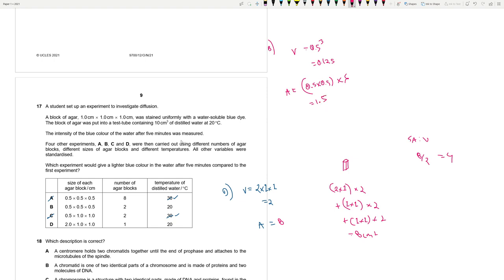So there are 2 blocks though, right? In total, there are 2 blocks. So if we think about the whole thing in total, the area will be multiplied by 2 and this will be multiplied by 2. So the total surface area is 3 and the total volume is 0.25. So 3 by 0.25.